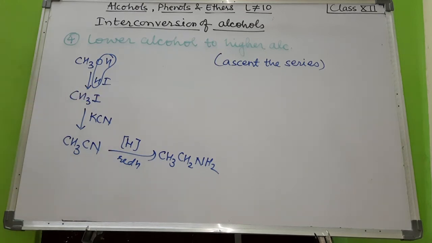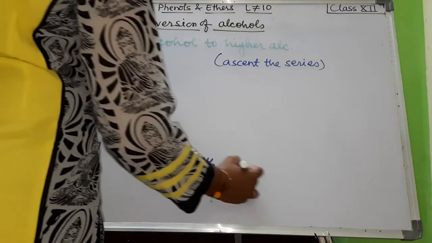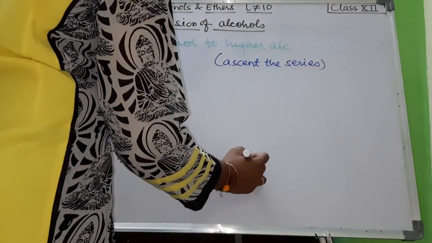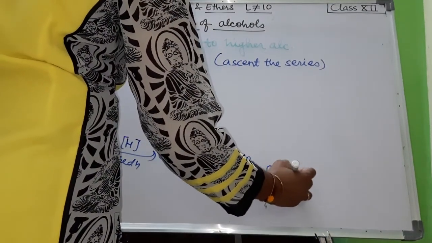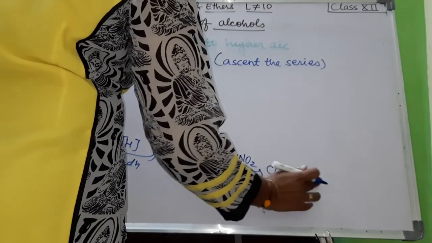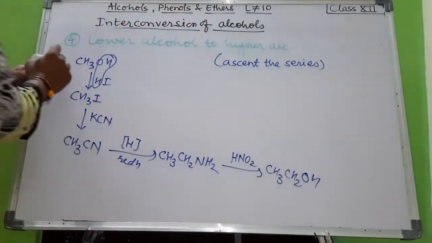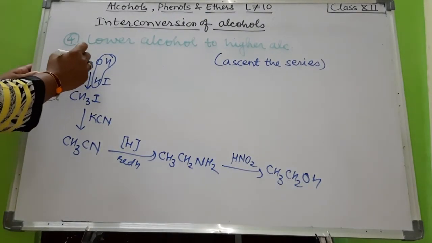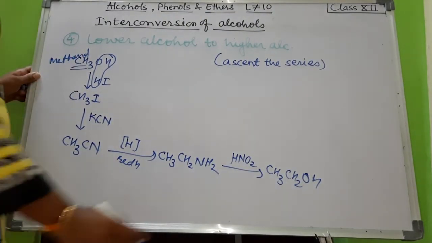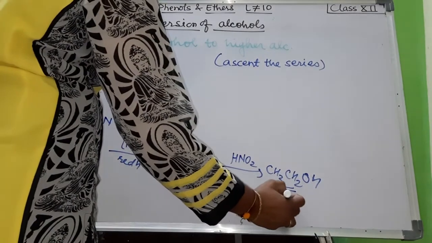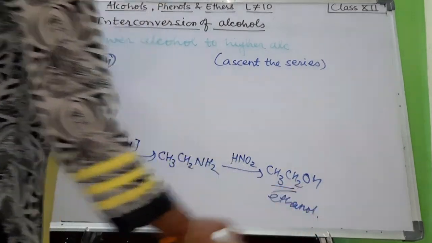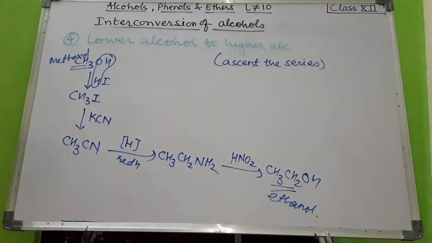On reduction it gives a primary amine, and this primary amine on treatment with nitrous acid, that is HNO2, will give CH3CH2OH, that is ethanol. So we have converted methanol into ethanol. In this there was only one carbon atom, and here there are two carbon atoms. So we have ascended the series by one carbon atom. This is the way to ascend the series.